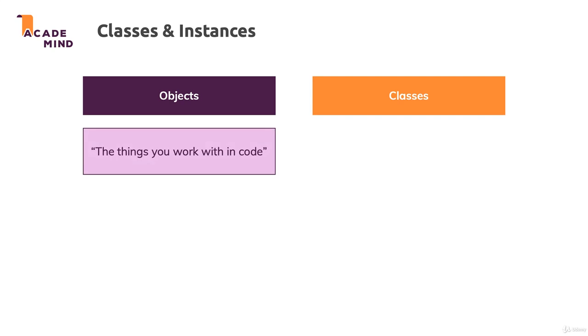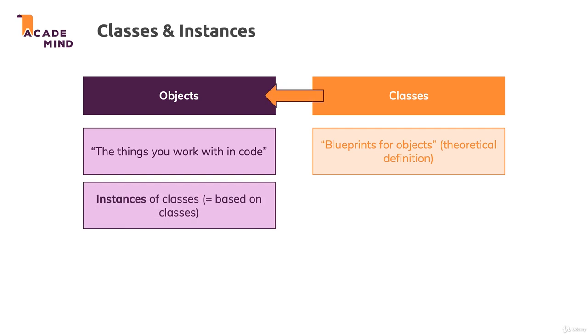Now, classes are something we can create in JavaScript too, which do not replace objects, but instead allow us to define blueprints for objects, so that we can easily recreate objects based on these classes, because indeed objects then are also called instances of classes. So we can create an object based on some class thereafter.